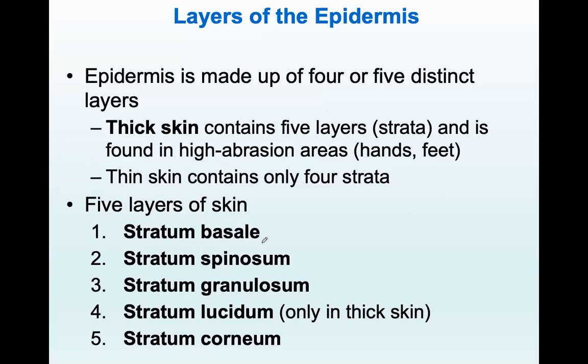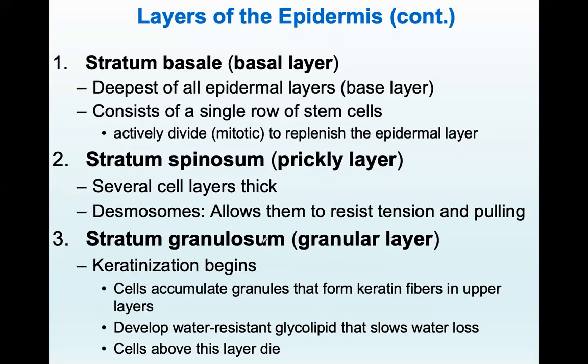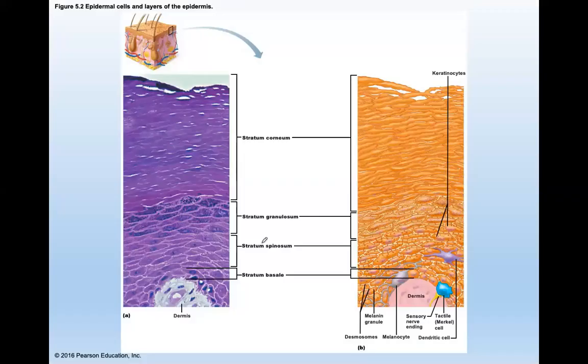Now here's the cool part, guys. I'm just going to shift you to the picture and then we'll come back to this. When you look at your epidermis, which is the outermost layer of your skin, you have 4 main layers of cells. This is only in the epidermis. We're not talking about the dermis layer, just the epidermis. And these are mostly keratinocytes.